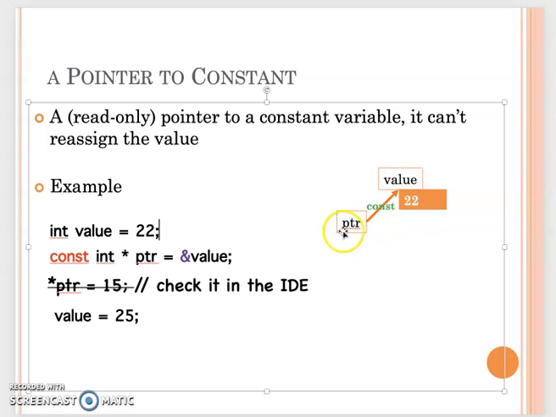So that means when you go through the ptr, you are constantly referencing the variable value. So when the C++ compiler knows this arrow is using a constant reference, I can use the dereference to see the ptr's value.